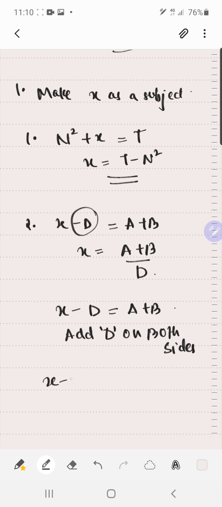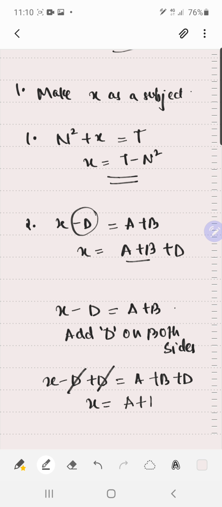So that will be x minus d plus d is equal to a plus b plus d. So I have added d on both sides. In this way d and d, minus plus, is eliminated. So my answer is x is equal to a plus b plus d. Clear? Either this method or this method, both will be accepted.